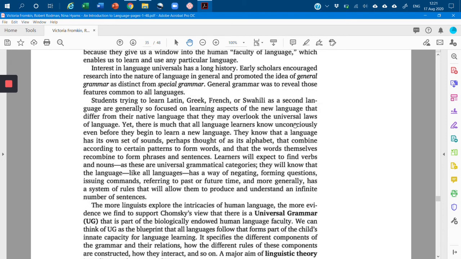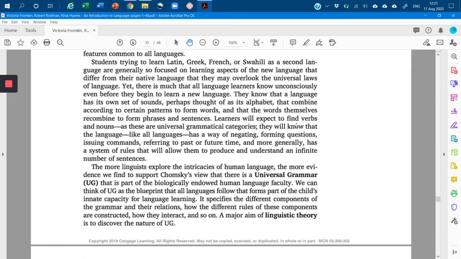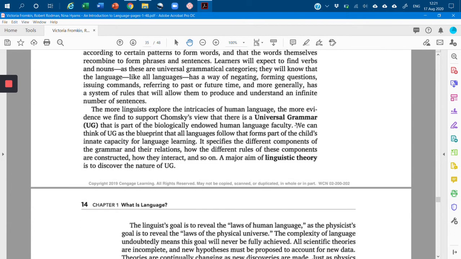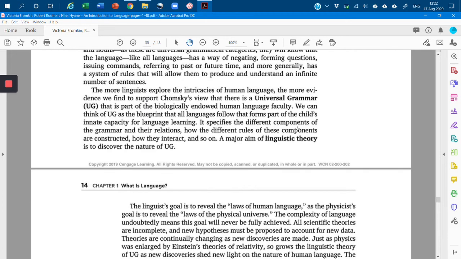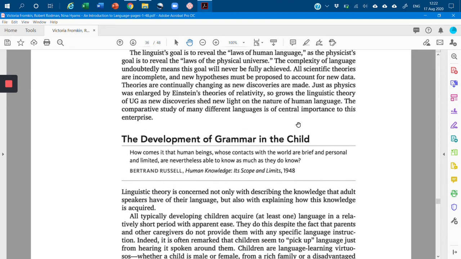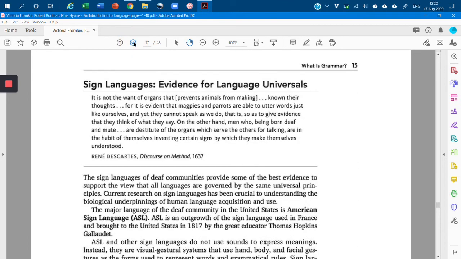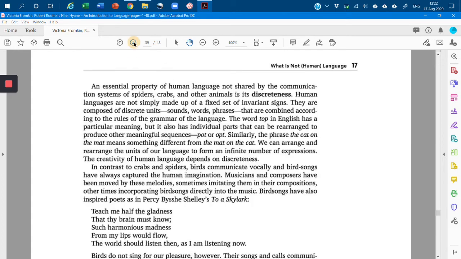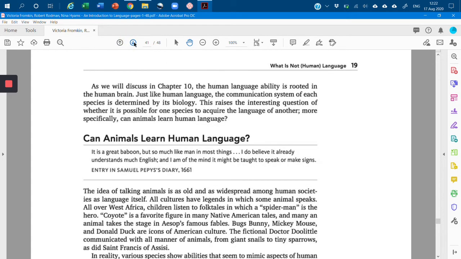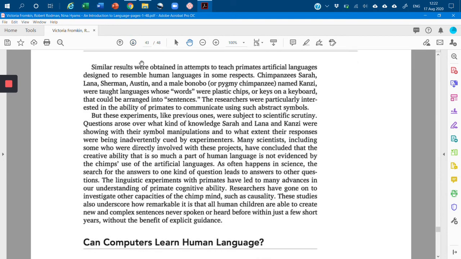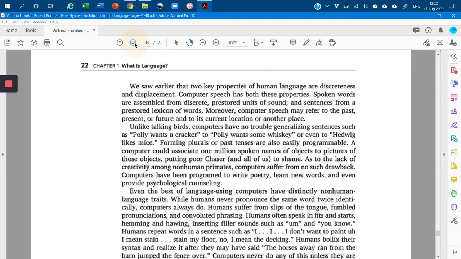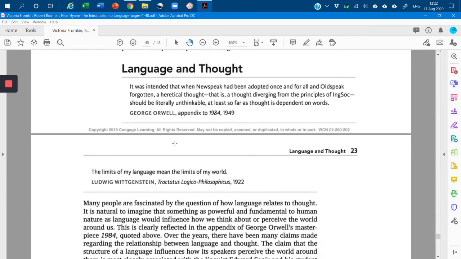So basically, all languages have a grammar, and they believe that there is a mother grammar, so to speak. You do not need to go to sign languages, and you can skip all of these sections and just go down to the section that deals with language and thought.